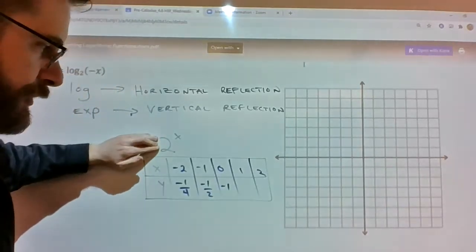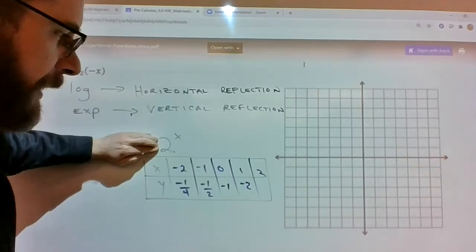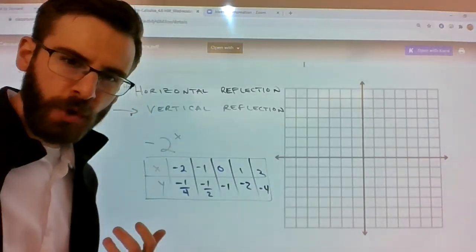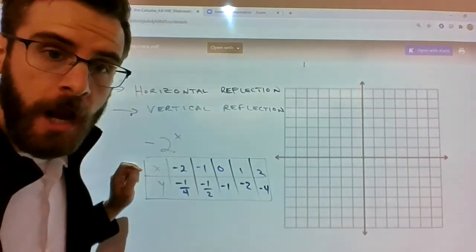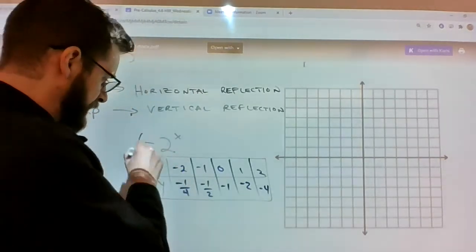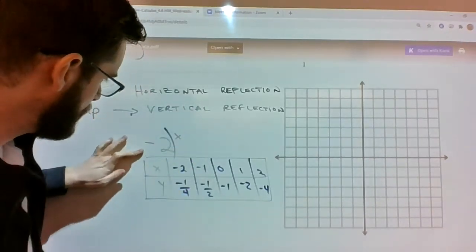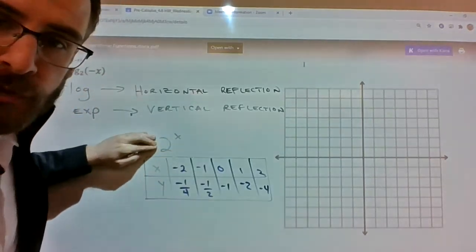Just like this one. 2 to the 1 power, 2. Negative 2. 2 to the 2 power, 4. Negative 4. I know sometimes students will try to say, Mr. Owsley, it's negative 2 times negative 2. No, it's not. That's negative 2 times negative 2. This right here is the negative version of 2 times 2.